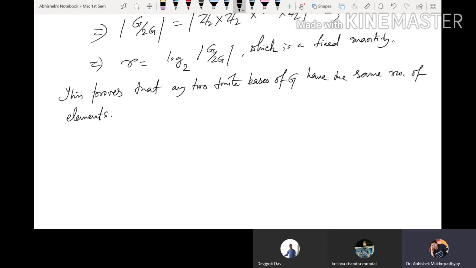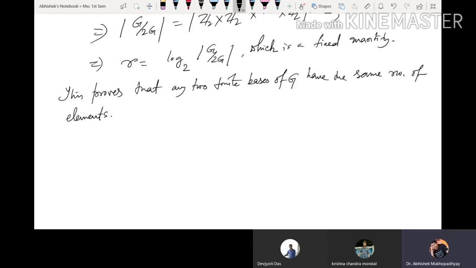And lastly, it remains to show that once a non-zero free abelian group has a finite basis, then that group G will not possess any infinite basis. Okay, and this way you can say that every basis of G must be finite.